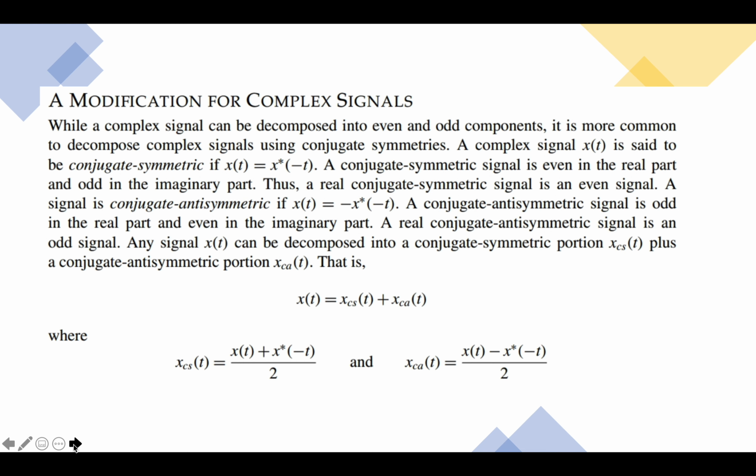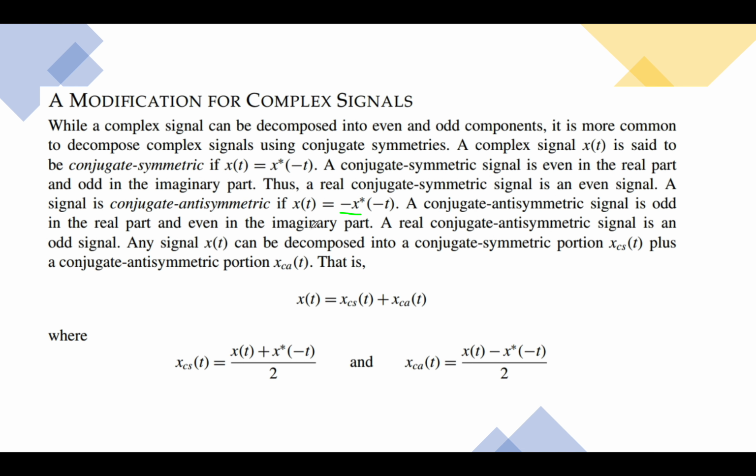And it is conjugate antisymmetric if there is a negative sign inserted in front of x conjugate. A conjugate symmetric signal is even in the real part and odd in the imaginary part, and a conjugate antisymmetric signal is odd in the real part and even in the imaginary part.